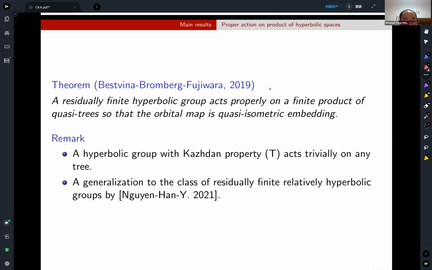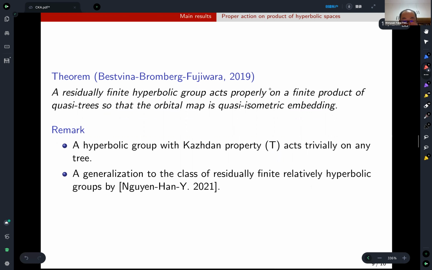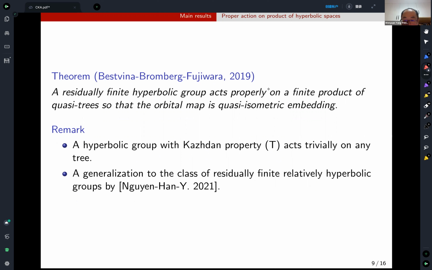Also, there is a generalization of this result to the more general class of residually finite relatively hyperbolic groups, recently. So there are some relevant results I want to mention here.